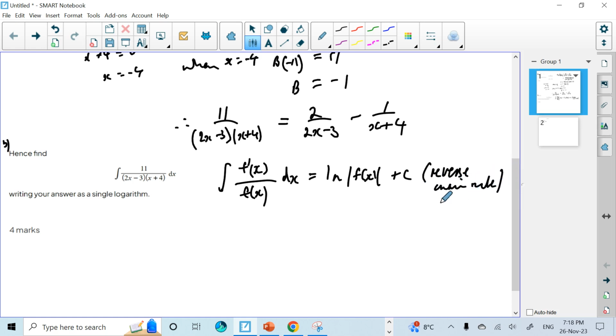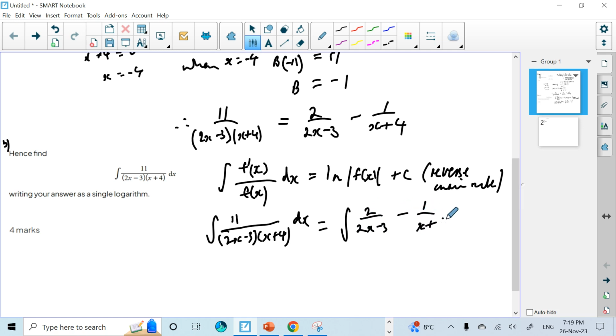Reverse chain rule again, and that will give us, if we look at part B, let's integrate 11 over (2x minus 3)(x plus 4) dx, which is equal to the integral of 2 over 2x minus 3 minus 1 over x plus 4, all in brackets, multiplied by dx.